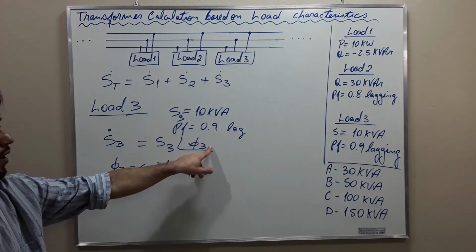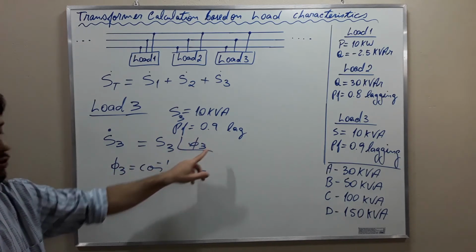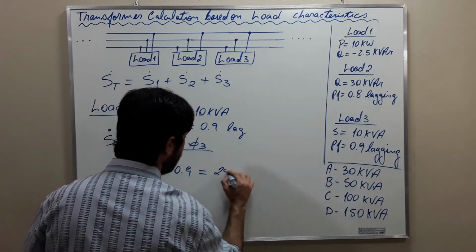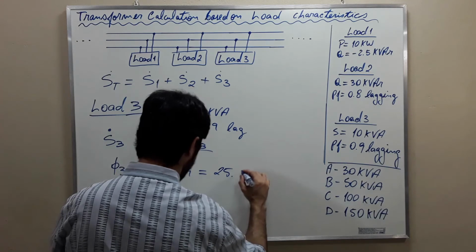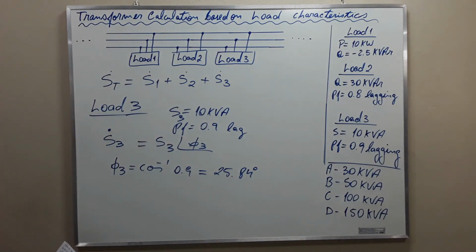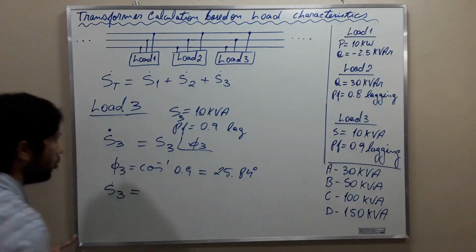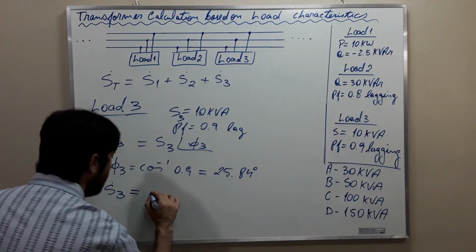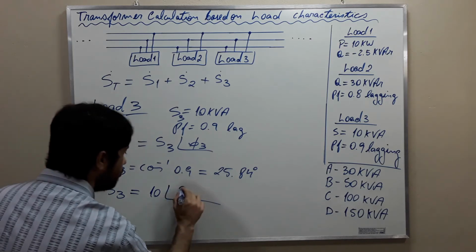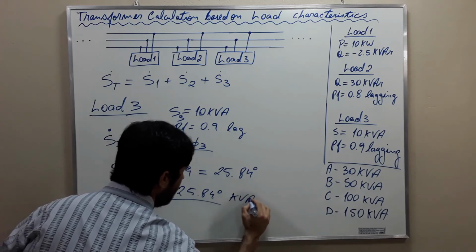The power factor is the cosine of this angle here. The inverse cosine gives the angle. Okay, so the angle is 25.84 degrees. Then the complex power S3 is equal to the apparent power 10 in an angle 25.84 degrees kVA.